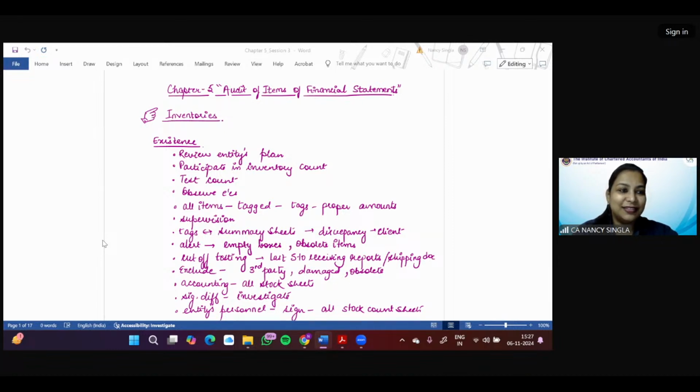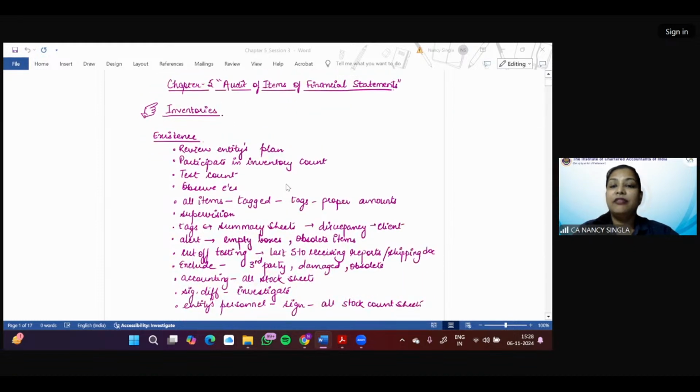Bhumika not correct. Don't get confused in the number. I always tell you it's good if you write the number, but do not write the wrong number. So it is not 510. It is 501, right? 510 was with respect to initial audit engagements, opening balances. This is SA 501.